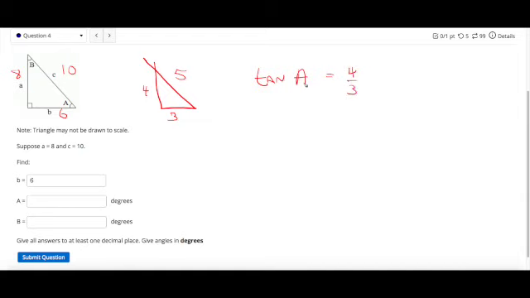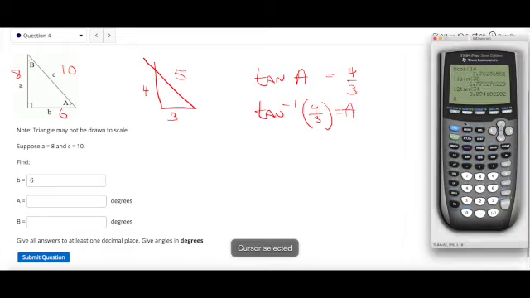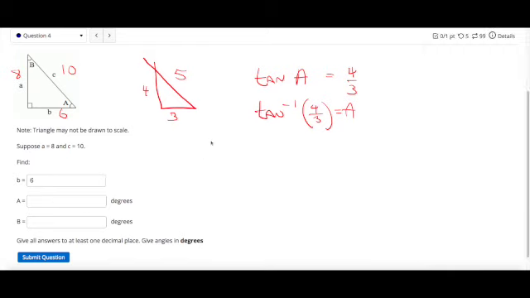But it doesn't tell me what the angle is, so I'm going to have to use the inverse tangent function. Remember to do that in the calculator: go to not tangent, but inverse tangent, and give it that proportion, 4 divided by 3. That'll give you 53.13 degrees. I'm going to write that down because I'm going to need it in a second.